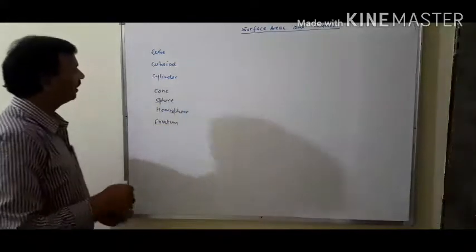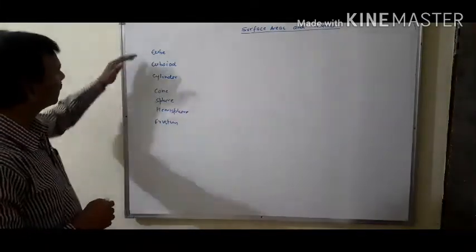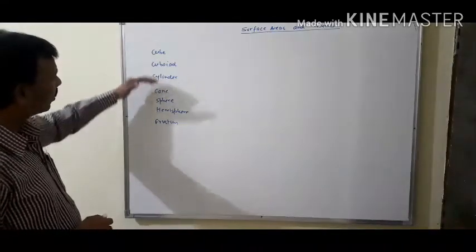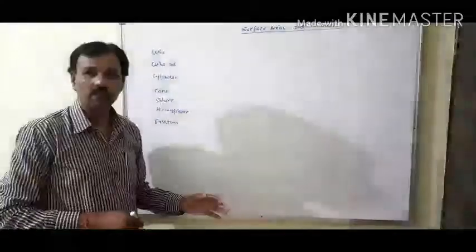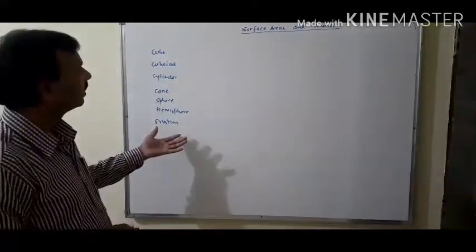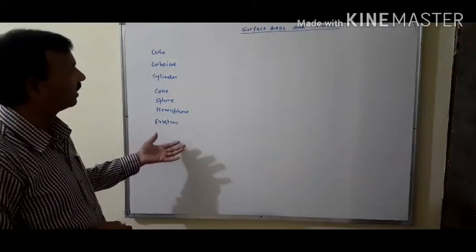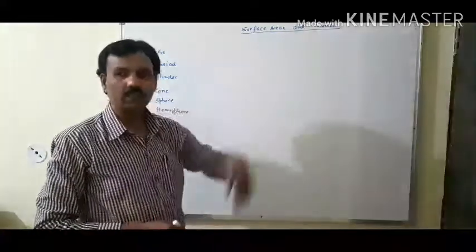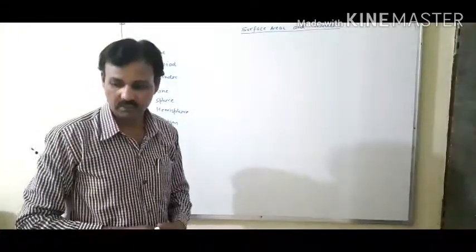These are mainly figures in which two or more figures come together, and questions arise on that basis, like what is the surface area or what is the volume of the given combined figures.